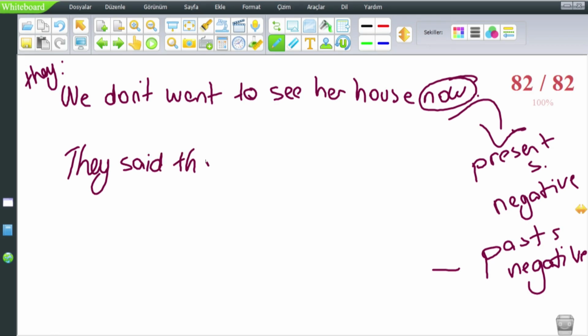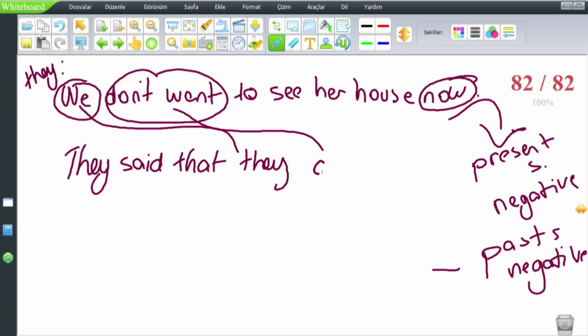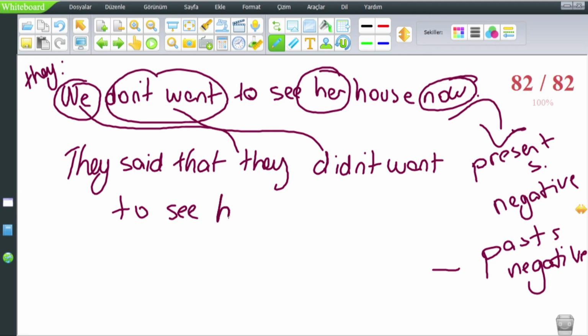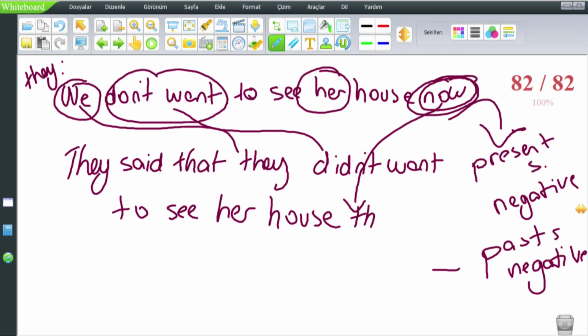They said that they didn't want to see her house. We turn now to then when we want to transform it to past simple.